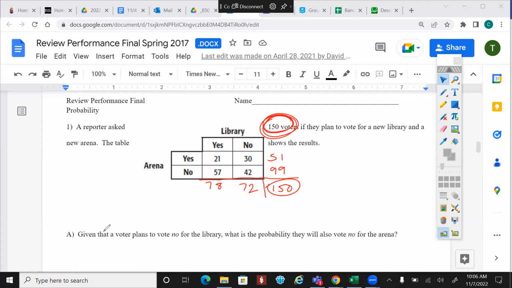So remember, we learned last week, conditional probability: given that a voter votes no for the library, what's the probability that they vote no for the arena? Okay, so out of the people who said no for the library, so out of the 72, how many voted no for the arena?